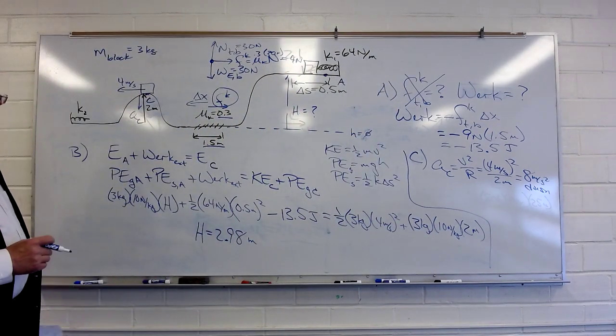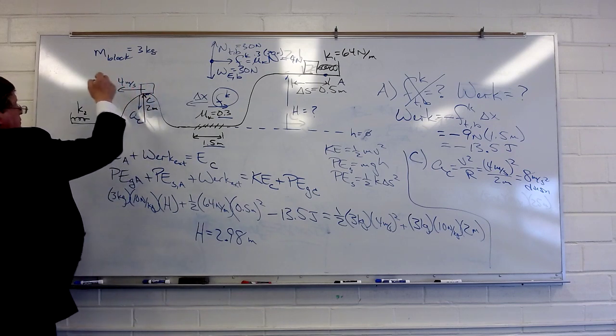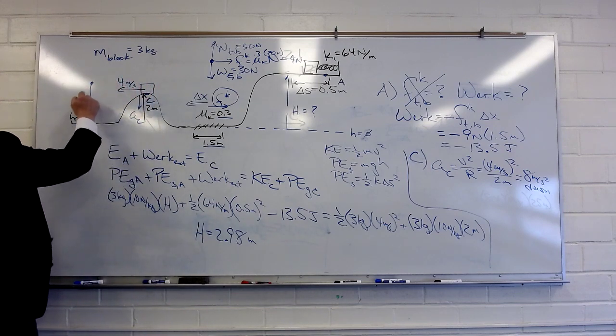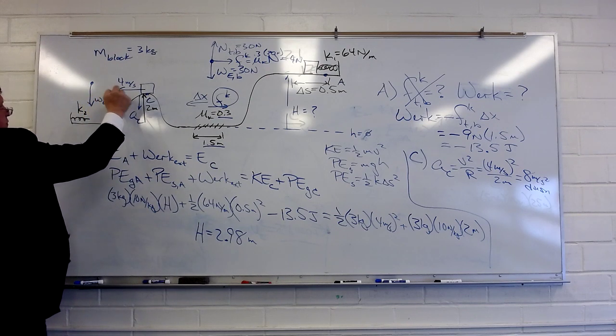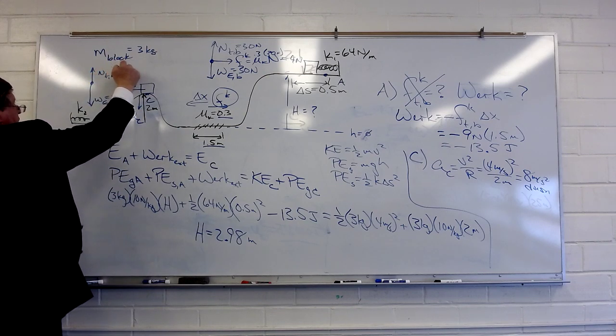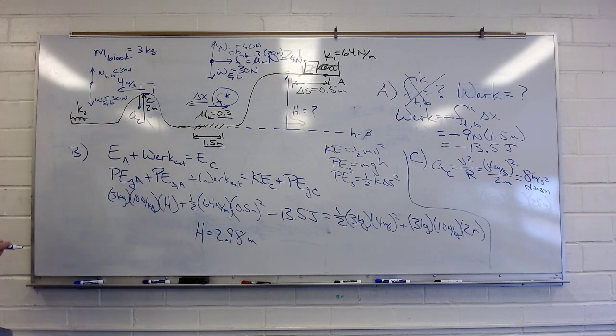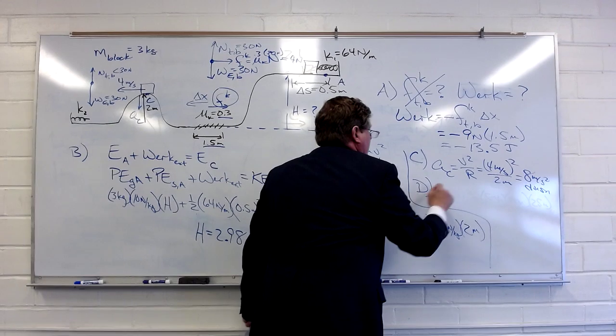Again, we're asked to find the normal force here. Well, if I draw a free body diagram, the weight of the block is going to be 30 newtons. The normal force by the track on the block is going to be less than 30 newtons. Well, how much less? Well, that's given by Newton's second law.